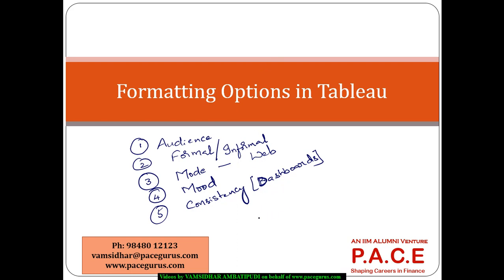Always think of formatting as an iterative process. Try getting feedback from all your audience and make the necessary adjustments so that the communication is more and more clear and effective. Because at the end, the primary goal is that I should be able to communicate the data more and more effectively.